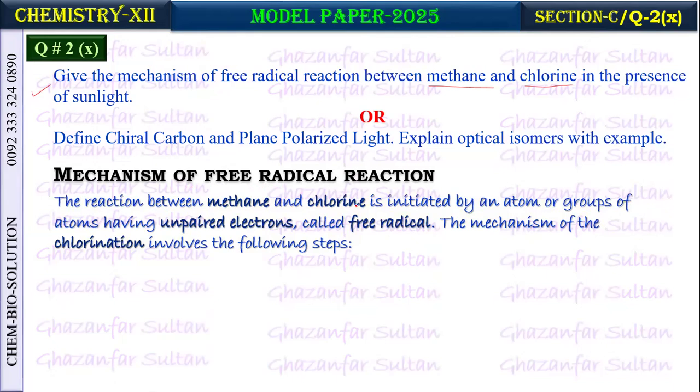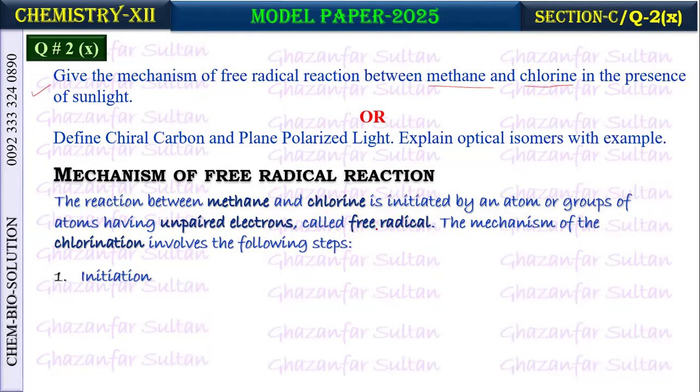The reaction between methane and chlorine is initiated by an atom or group of atoms having unpaired electrons called free radicals. So we need free radicals. The mechanism of the chlorination involves the following steps.